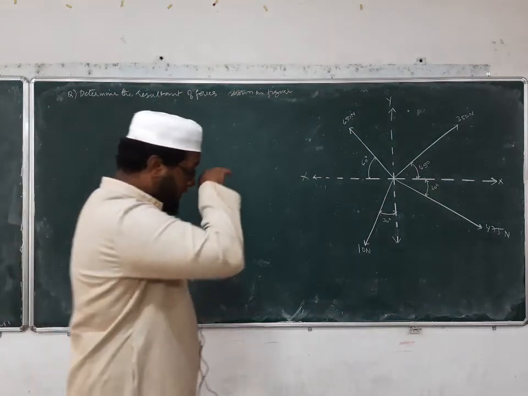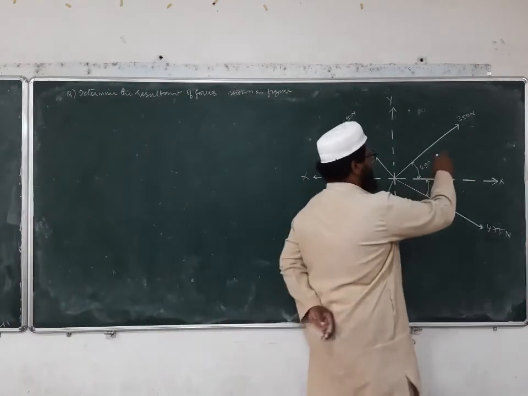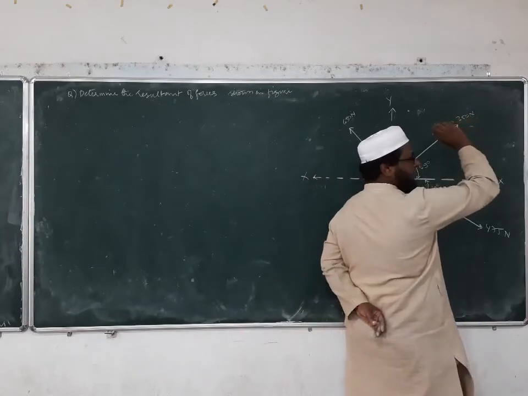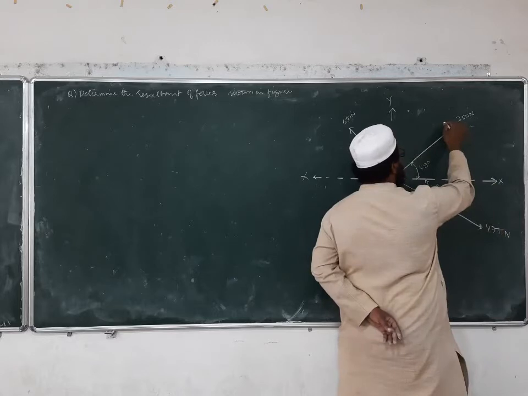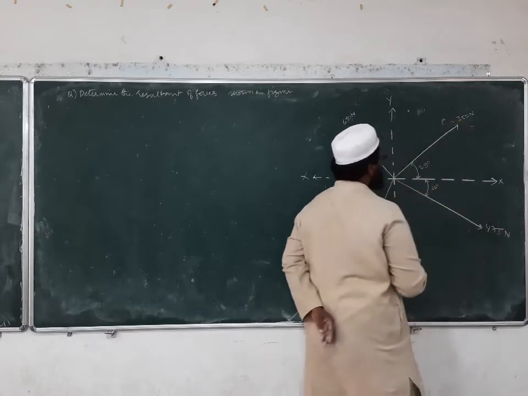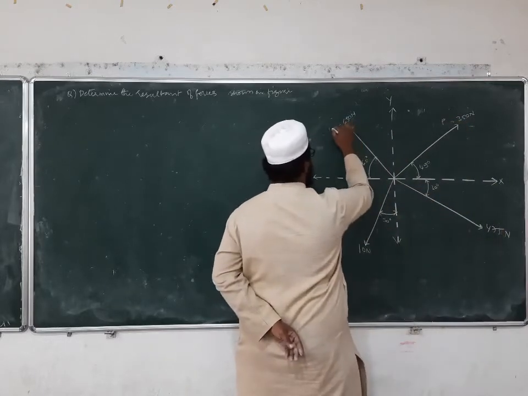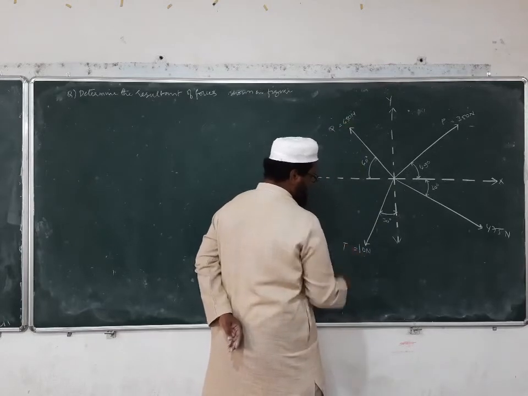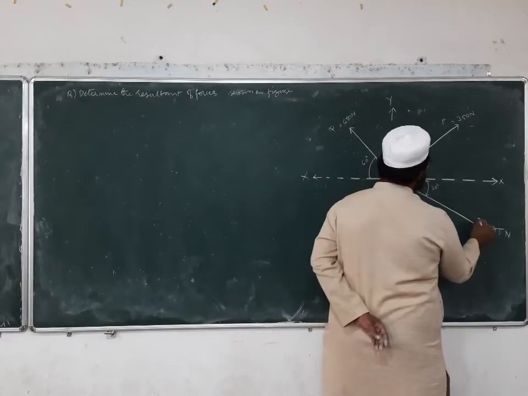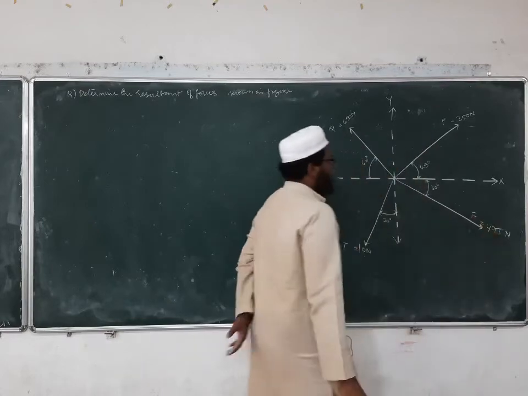So for the calculation of the resultant, first we will try to name the forces. In the previous case, we named them F1, F2, F3, but you can name them anything. Here we'll name this force P, this force Q, this force T, and this force F. Okay.